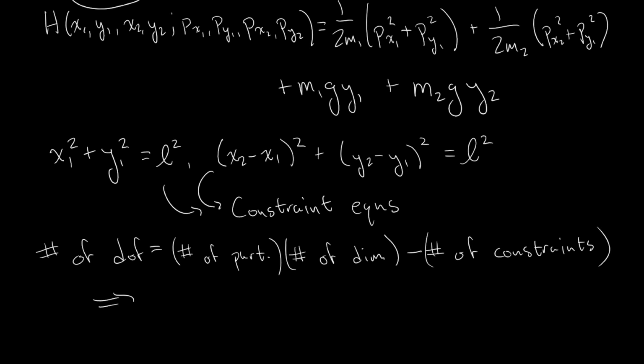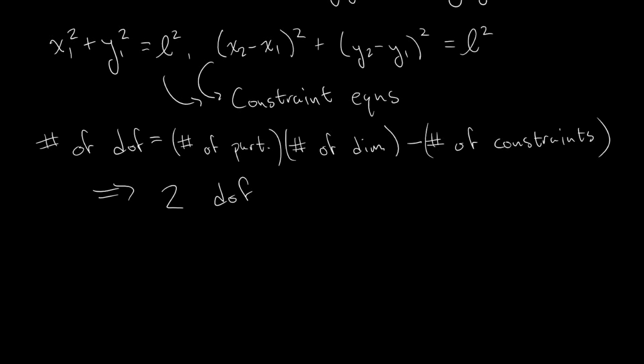So in this case, we actually only have 2 degrees of freedom. We have 2 particles moving in 2 dimensions, that gives us 4, minus our 2 constraint equations, so 2 degrees of freedom. So it's probably going to be a lot more convenient to only have 2 coordinates, rather than having to deal with these constraint equations. Let's come up with coordinates which satisfy those constraint equations trivially, defined so that they do satisfy the constraints. That way we don't ever have to worry about the constraint equations again.